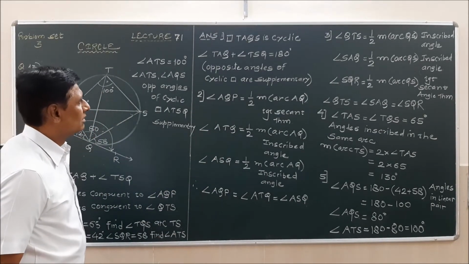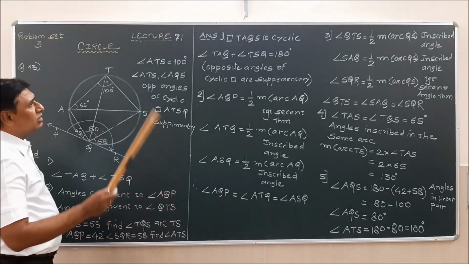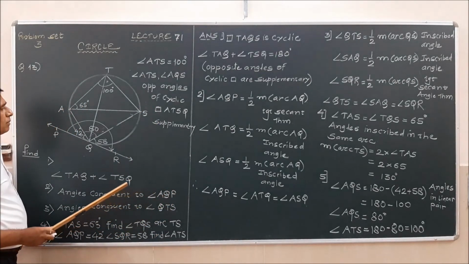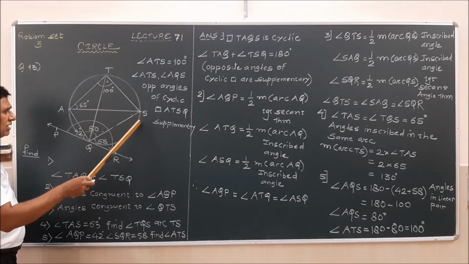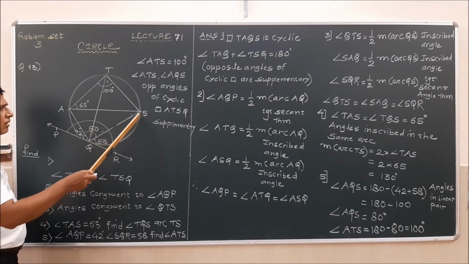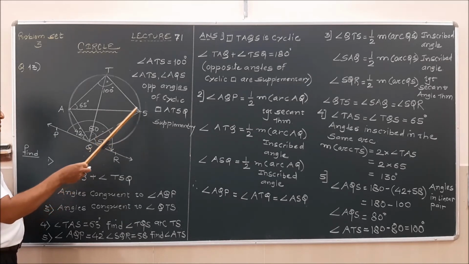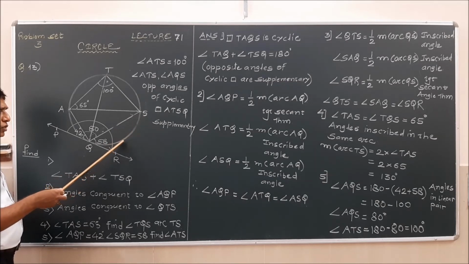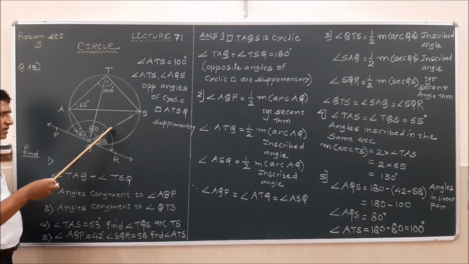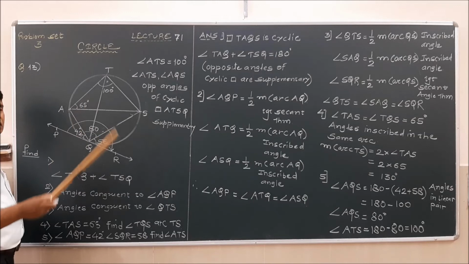Next, angles congruent with angle QTS. So QTS is equal to half arc QS. Likewise, SQR is also equal to half arc QS, but the reason is the tangent secant angle.